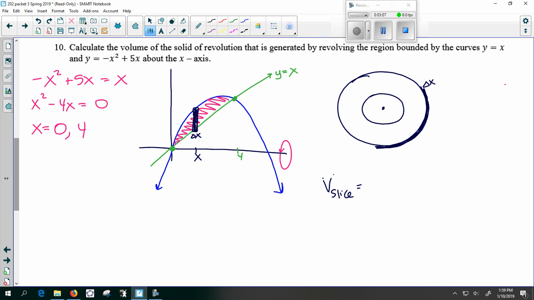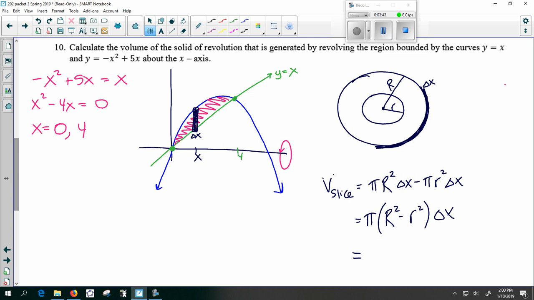So I could find the volume of the large circle, subtract the volume of the small circle, and I would have pi R squared delta x minus pi r squared delta x, where big R is the big radius and little r is the little radius. All right, I'm going to factor out a pi and a delta x. And now I just have to figure out what big R and little r are and plug them in, and I've got the volume of a slice.